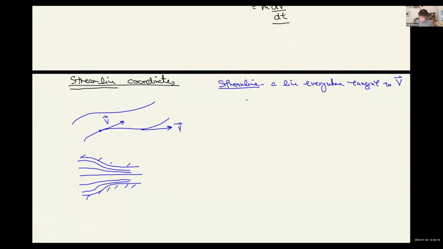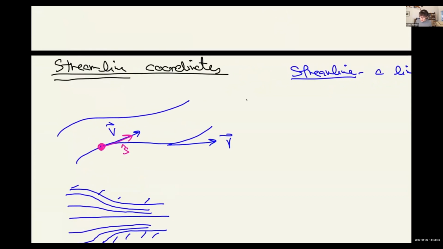Now, we're going to develop the equations of motion in streamline coordinates. So if you consider a fluid particle, we're going to choose the coordinates at that location. The streamline coordinate, for which this S hat indicates the unit vector in that direction, is going to be in the direction of the streamline at any location.